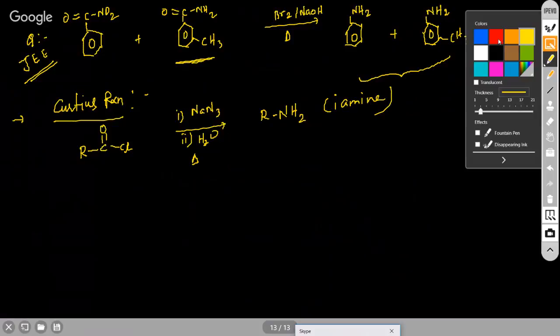Whatever alkyl group we have, with that only the product forms.